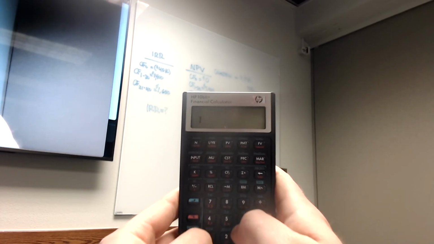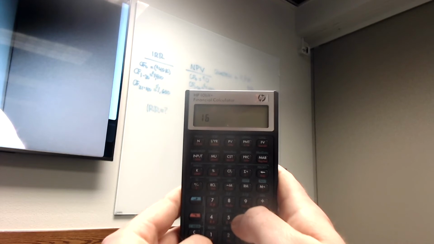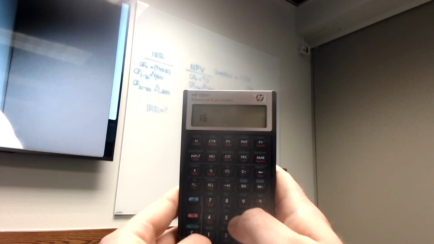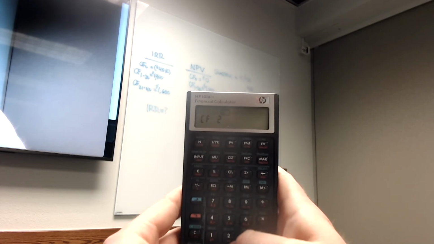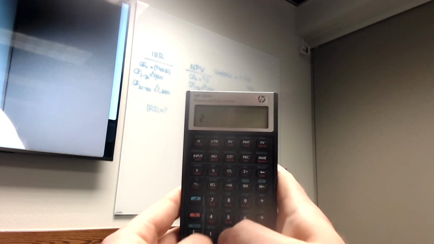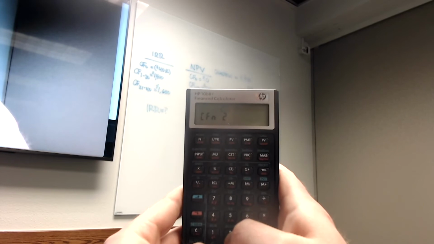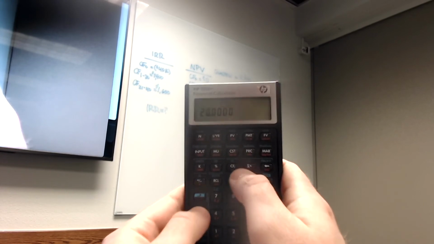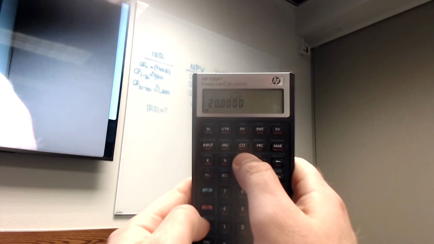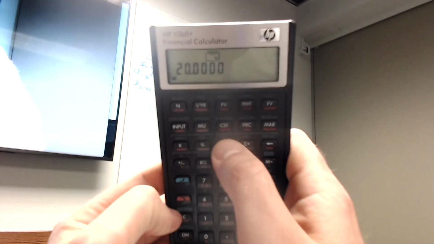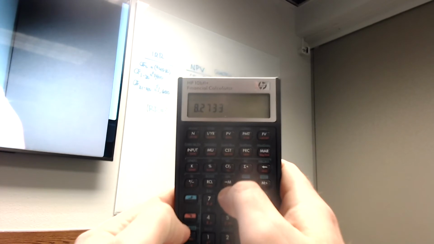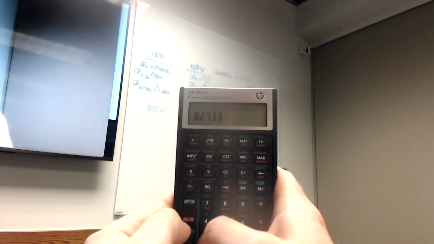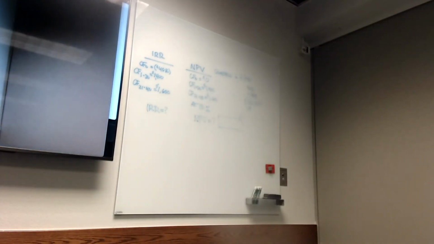Then we're going to hit 1600, CFJ, and do 20 shift NJ again. Then we hit shift, and under the CST is the IRR, the IRR per year. Hit that, and that gives us 8.2733%. I'll go ahead and write that up here.